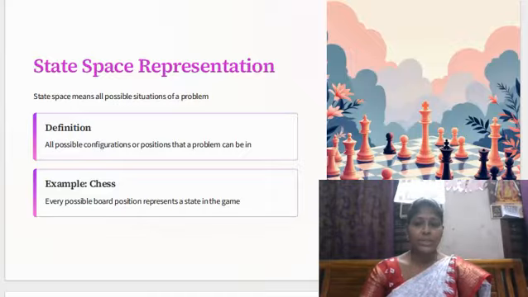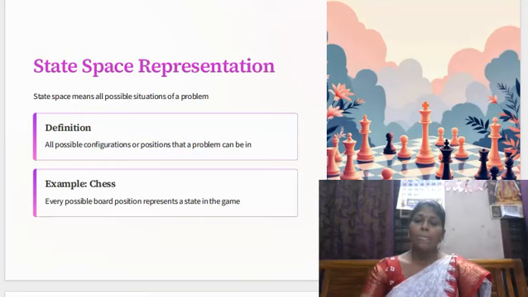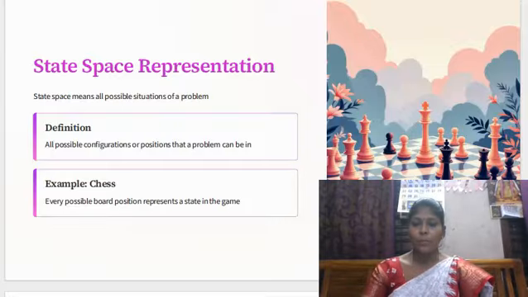Then tree structure has no cycles and has a hierarchical concept. Then graph structure can have cycles and is more flexible. The last one is state space representation: all possible states of a problem.